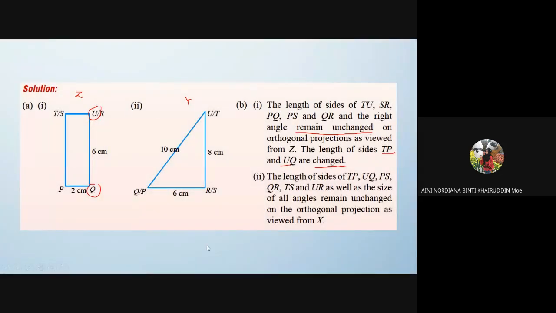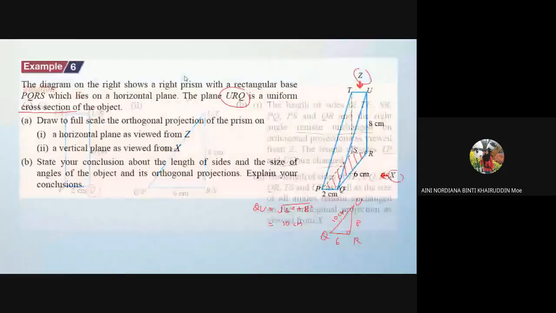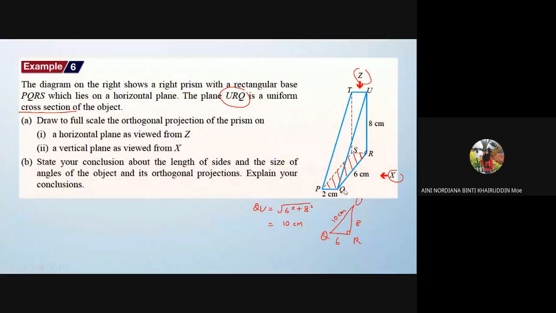Faham tak? Kalau you tengok diagram ni tadi, okay. Length QR 6, length UQ 10. When you view from Z, U ni akan jadi dekat R. So length UQ akan jadi sama dengan QR.